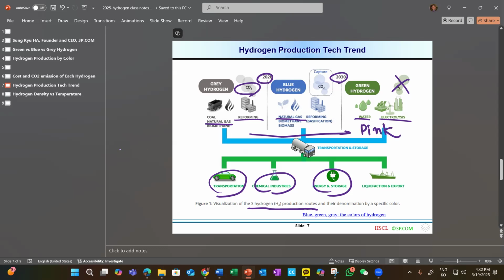A nuclear power system can also be a very clean energy source to convert water into hydrogen. So small modular reactor, SMR technology, is being developed.